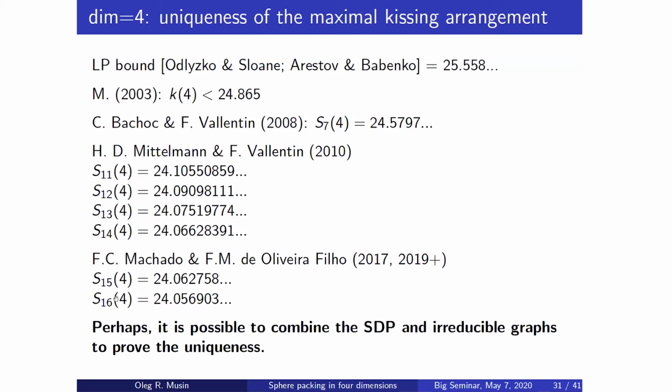For degree 15 they found a further decrease, right? 24.062, and for 16, 24.056, still decreasing. But now it is not clear what the degree of these polynomials is.